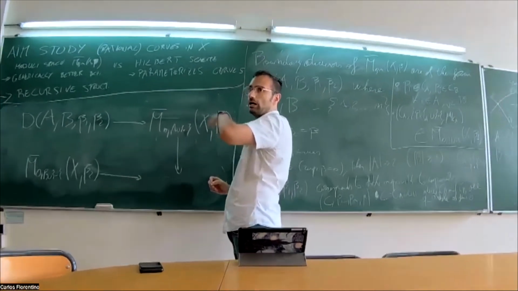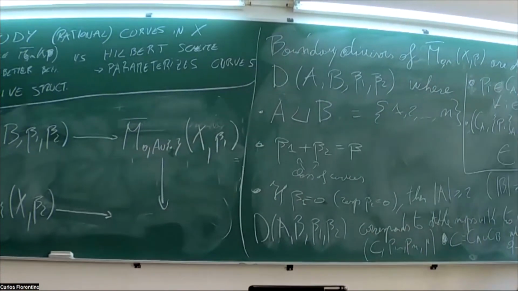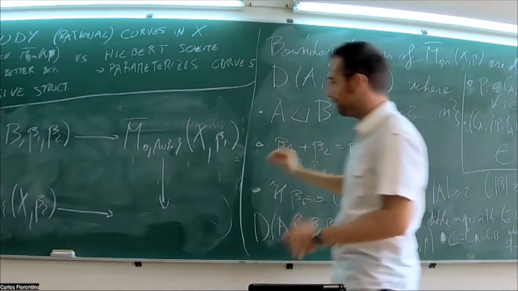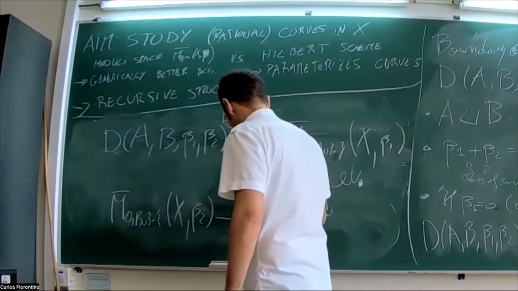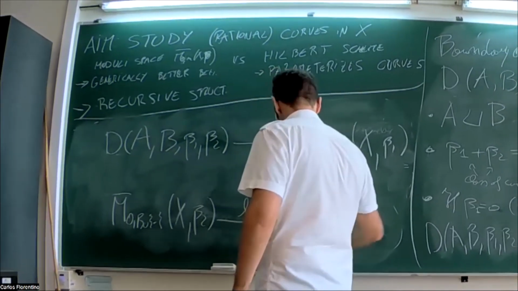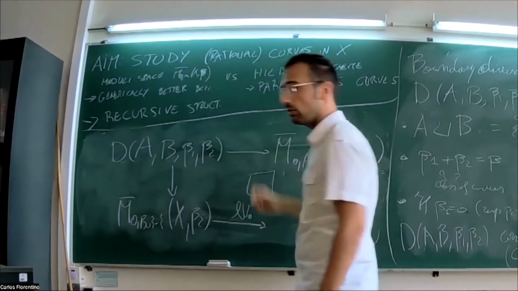It's like n+1 and corresponds to the intersection point here. So I can evaluate at that marked point both spaces. And the fiber product is our divisor.